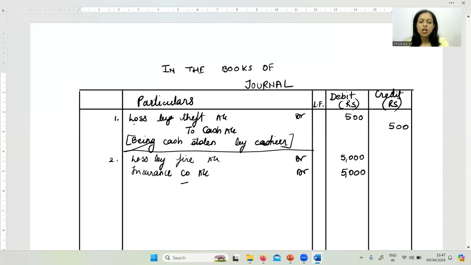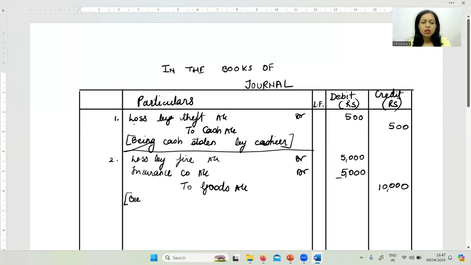So I write here 5,000 to goods account because the goods are going out of the business. How much goods will be cleared up from the business? 10,000. This is lost, right? This is not going to be got back. What is going to be got back is basically this amount of 5,000 only. And the rest 5,000 we will have to show in the profit and loss account as a loss, correct?